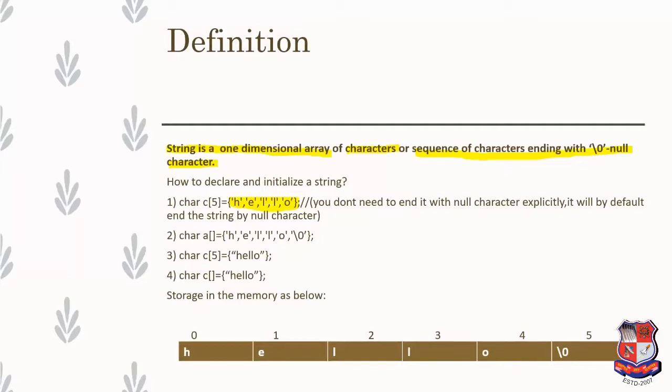So whatever characters you want to include, you have to mention them separately by commas and single inverted commas. As we have seen in the definition of a string, the sequence of characters ends with a null character, right? But you don't need to end it with a null character explicitly. It will by default end with a null character.